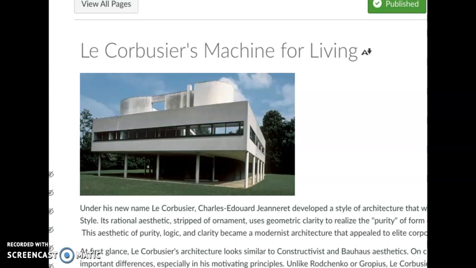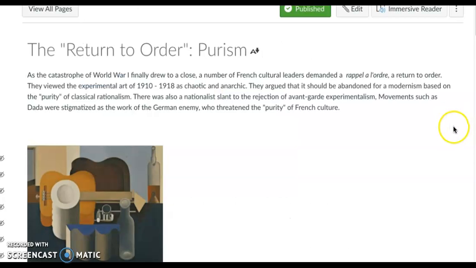It helps to think about how for Le Corbusier, those kinds of machines represented a kind of purity of form. And to remember that his architectural vision was based on his earlier ideas of purism.